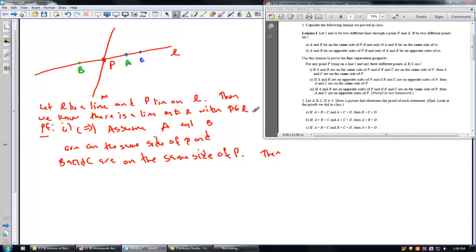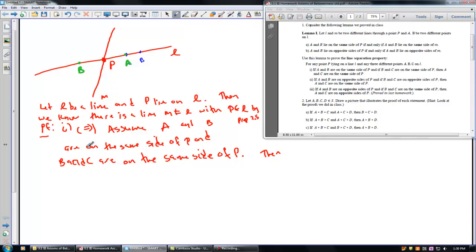This is actually a proposition, I think it's 2.5, you can check it, but I'm pretty sure 2.5 says if you give me a point, there exist at least two distinct lines going through it. So we let that be the case.